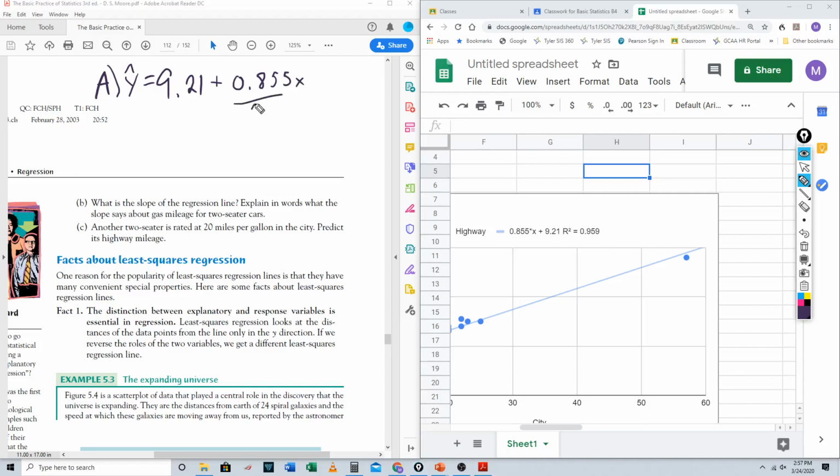Now this is your slope. This right here is the slope.